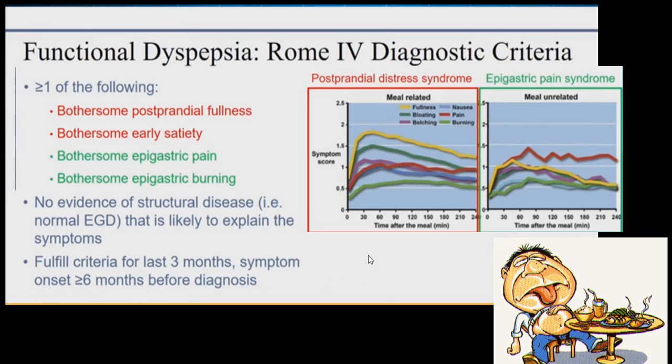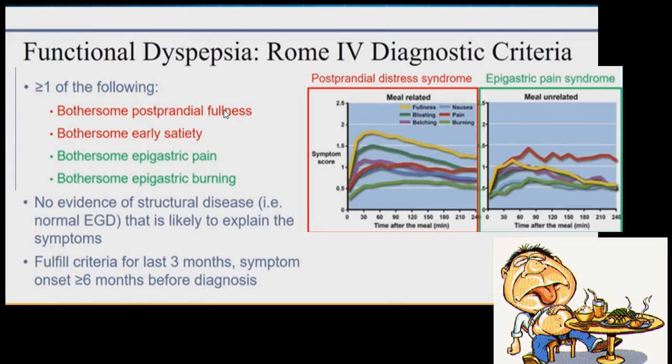These are the criteria laid down by the Rome 4 diagnostic criteria, and that together is commonly called functional dyspepsia. If one of these symptoms is present, it is postprandial distress syndrome. If one of these symptoms is present, it is epigastric pain syndrome.